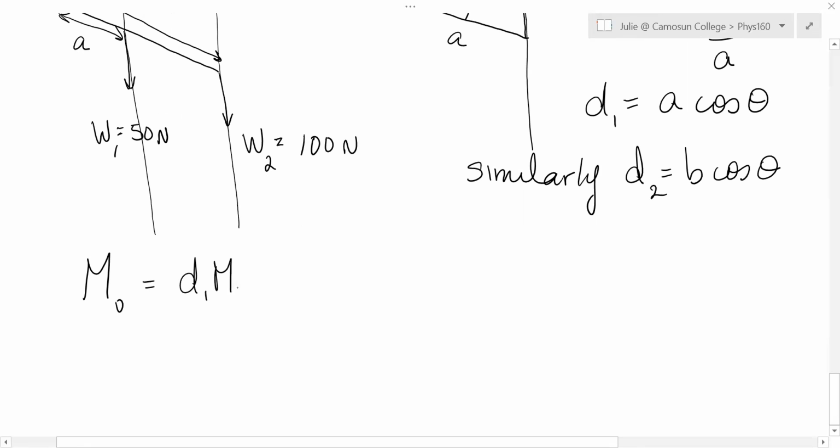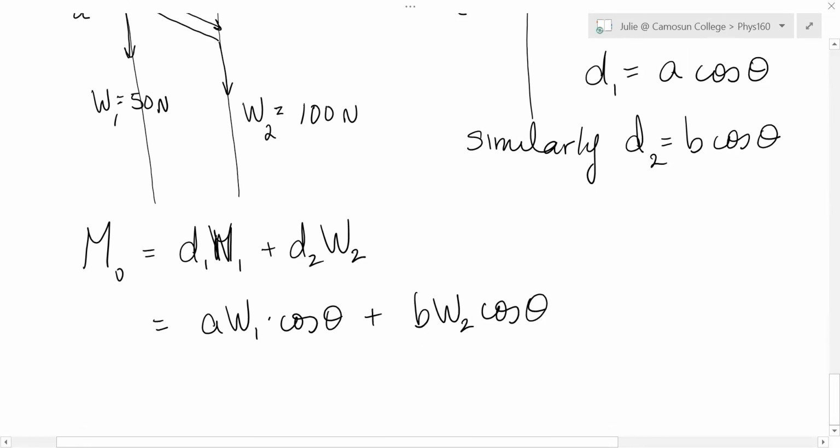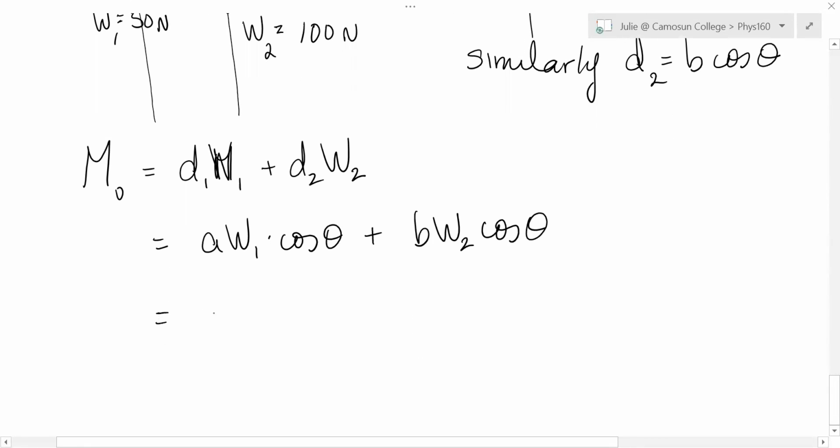Remember D1 W1 plus D2 W2. So you have A W1 times cosine theta plus B W2 times cosine theta. Now notice how we could factor out that cosine theta. I can write this as A W1 plus B W2, and then factor out cosine theta.